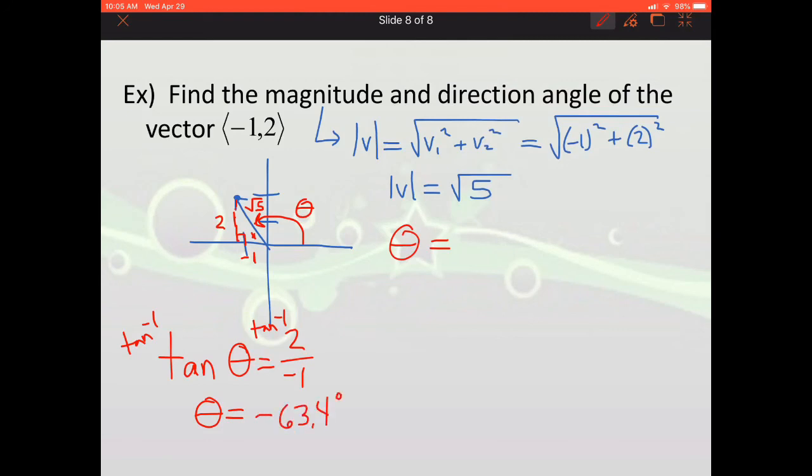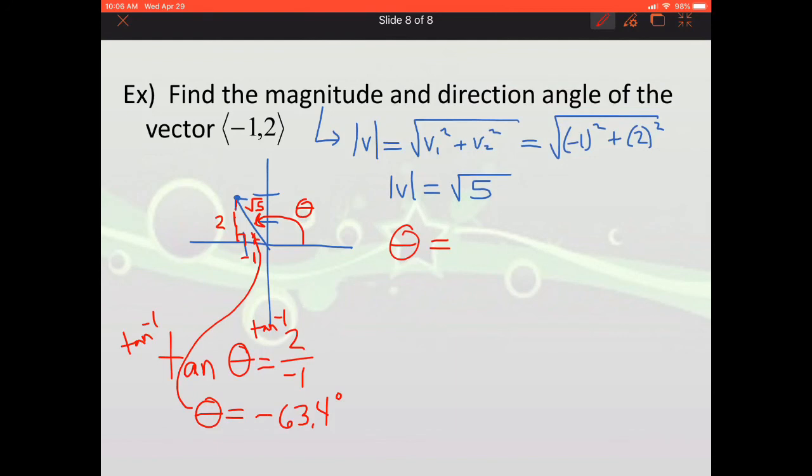-63.4 degrees. But if we look at our direction angle, we know that angle is not a negative angle. And we know that it is going to be bigger than 90 but less than 180. So what we actually know is this angle inside of here is 63.4.